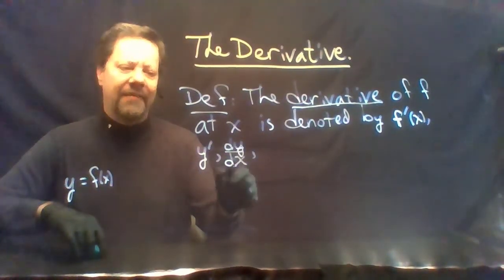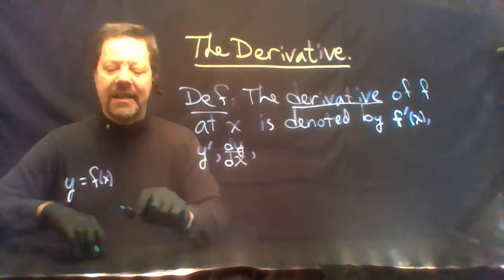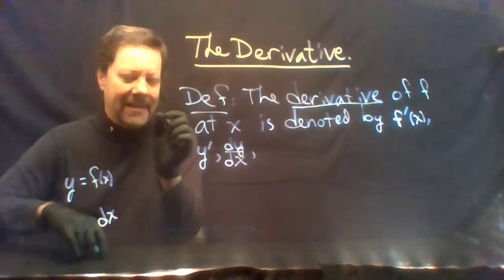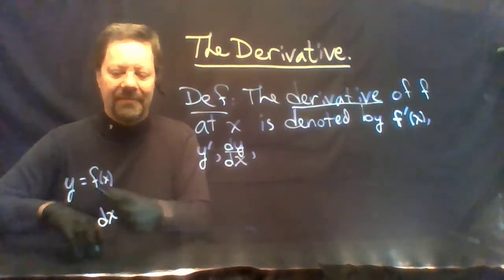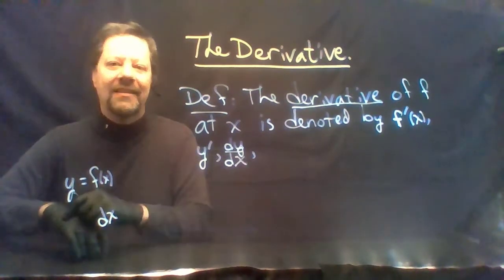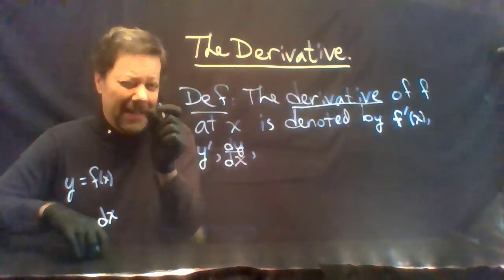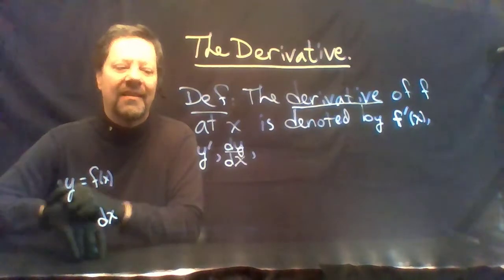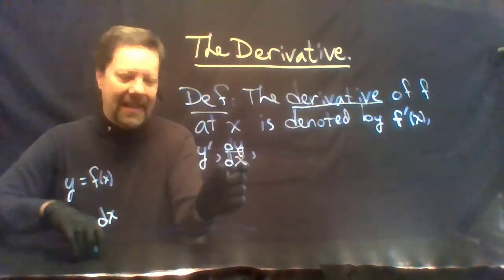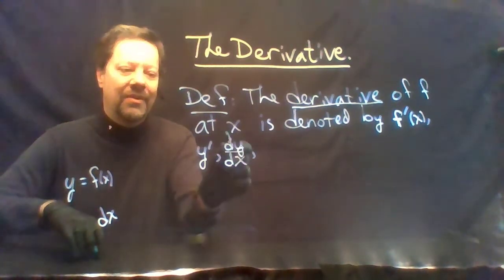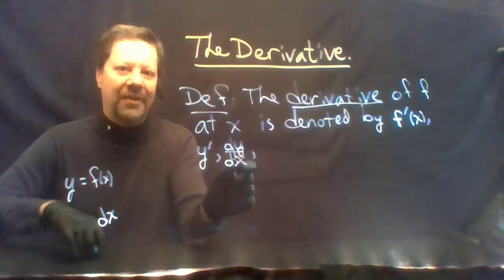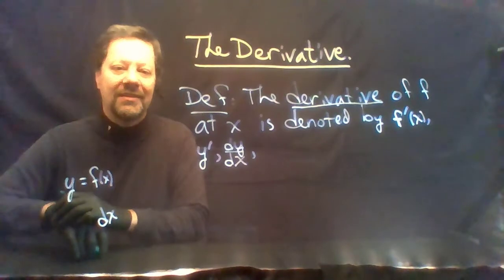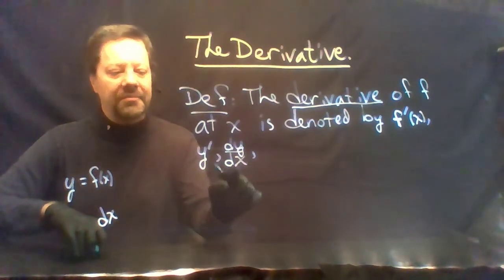The reason why you have dy dx is we sometimes think of dx as an infinitesimal change in x, and dy is the resulting infinitesimal change in y. In the limit, of course, as that little change in x goes to 0, you get exactly the ratio dy over dx instead of delta y over delta x.